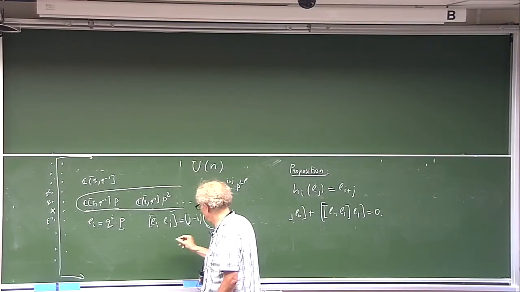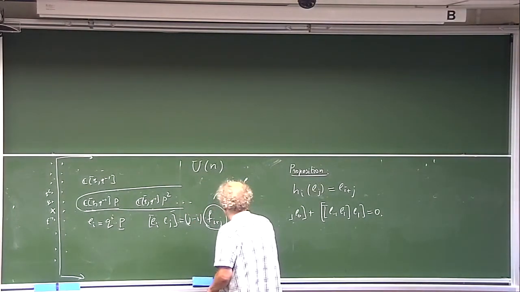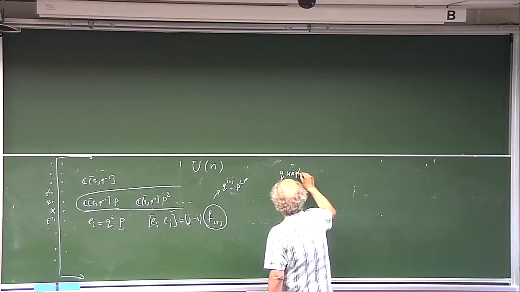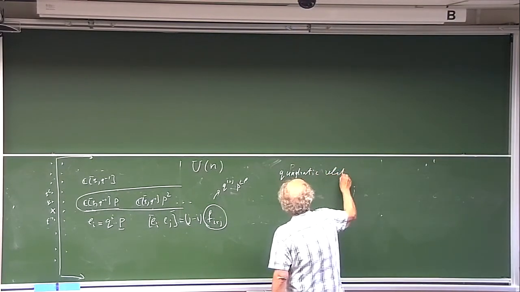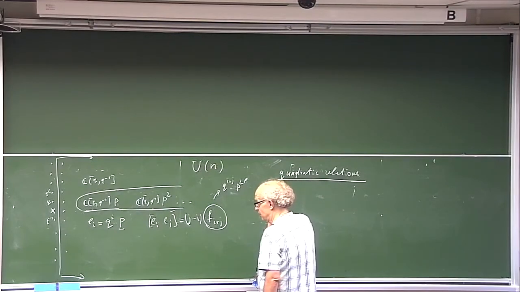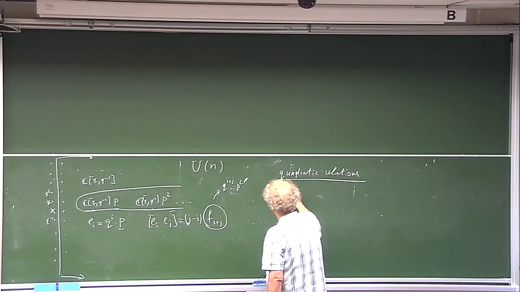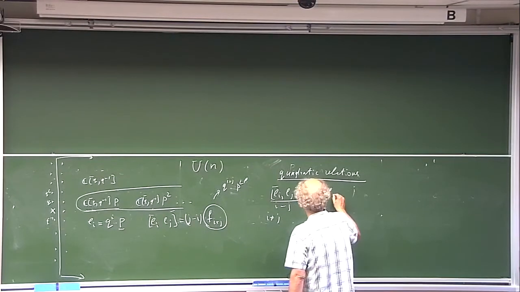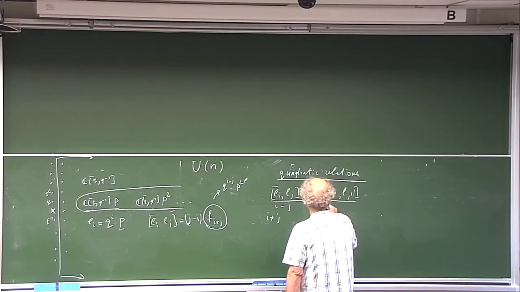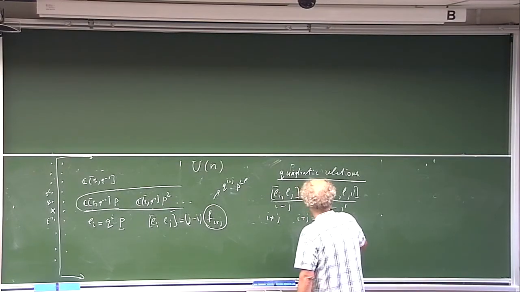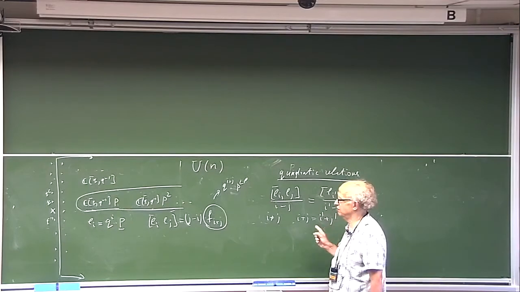So it means that the quadratic relations say that [E_i, E_j] is equal to [E_i', E_j'] if i plus j equals i' plus j'. So they are quadratic relations, and so it is fine.